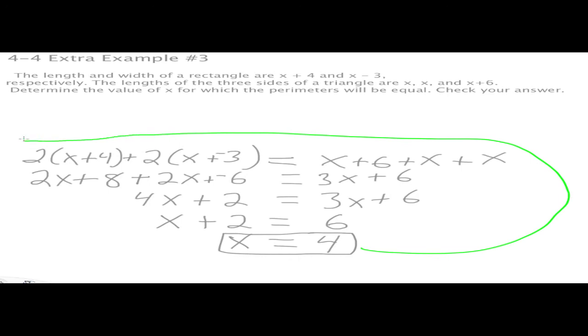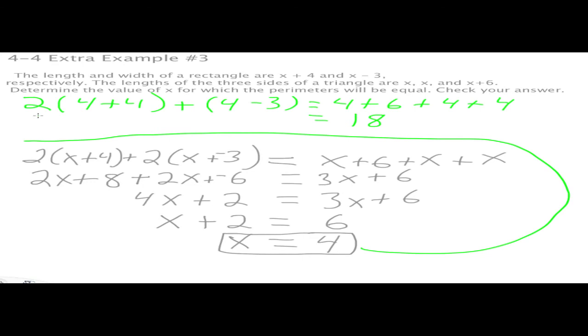And so I will have that 2 times 4 plus 4 plus 2 times 4 minus 3 equals 4 plus 6 plus 4 plus 4. And I can go ahead and see 4 plus 6 is 10, plus 4 more is 14, plus 4 is 18.